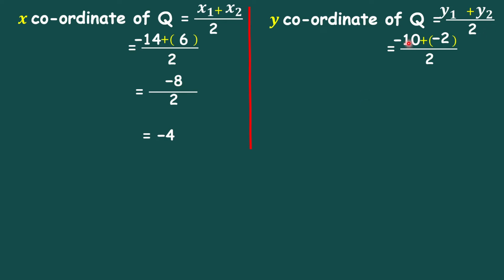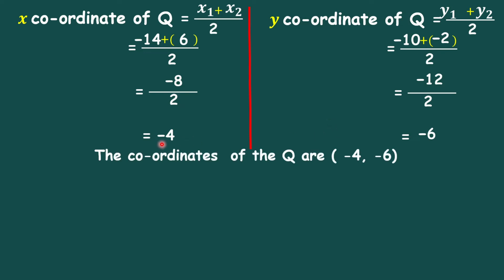In the numerator 10 and 2 have same sign, therefore we take addition and give the same sign negative to the answer. 10 plus 2 is 12, therefore -12 upon 2. Dividing by 2 we will get the y coordinate of point Q is equal to -6. Therefore the coordinate of point Q are -4, -6.